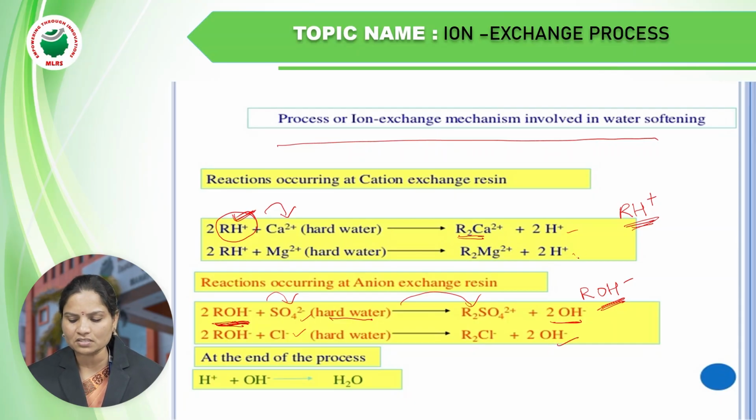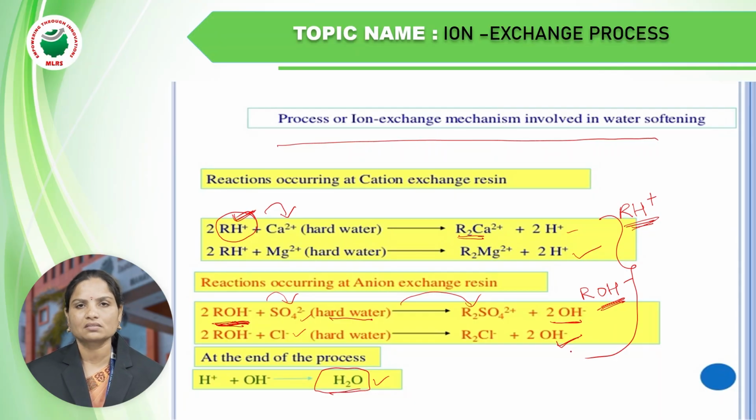So from the first chamber, the cation exchange resin chamber, H plus ions are released, and from the second chamber OH minus ions are released. The combination of H plus and OH minus produces water. At the end of the process, we get softened water from the ion exchange method. These are the reactions we observe in the ion exchange chambers.